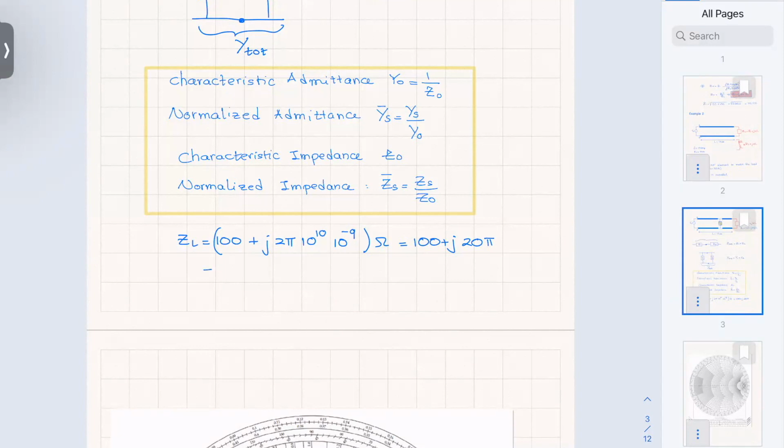So this is 100 plus j63 ohms. To use the Smith chart, I have to normalize. I cannot go to a Smith chart, cannot even think about the Smith chart, without normalizing. Normalizing this is 100 plus j63 divided by 50. And that is going to give me 2 plus, how much is 63 divided by 50, j1.26.